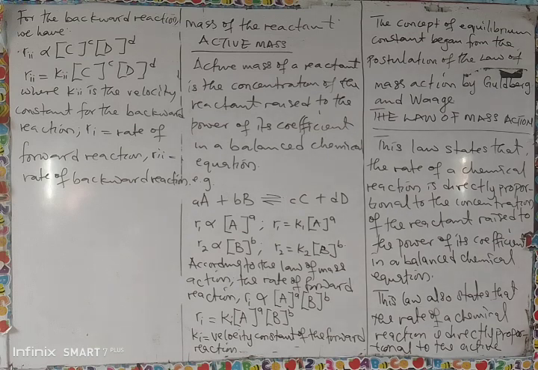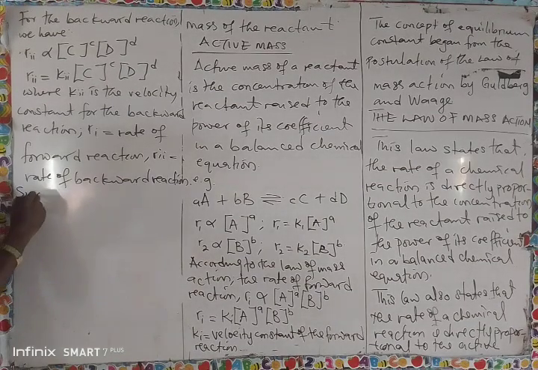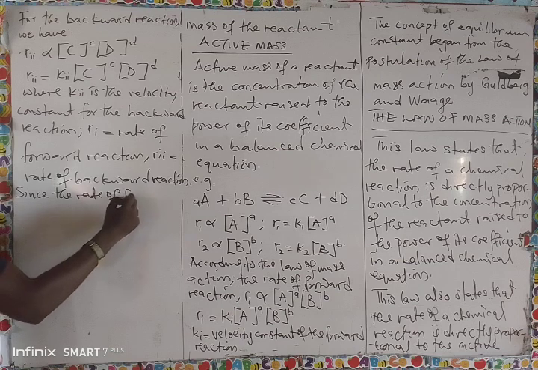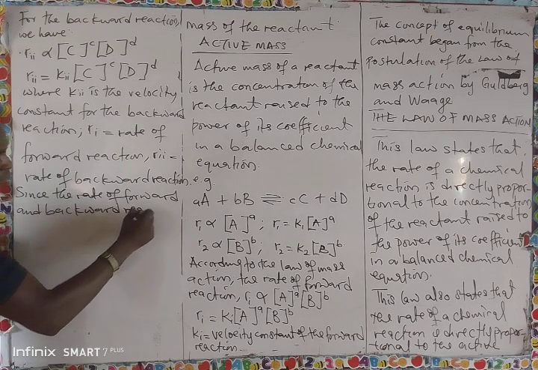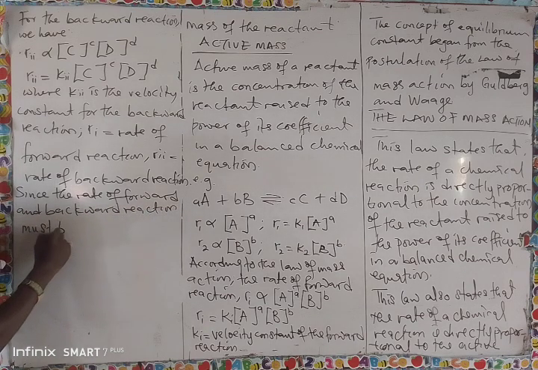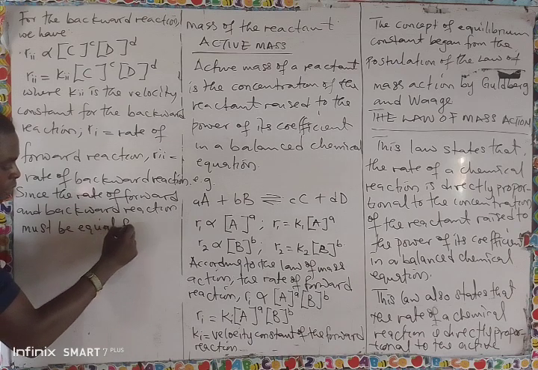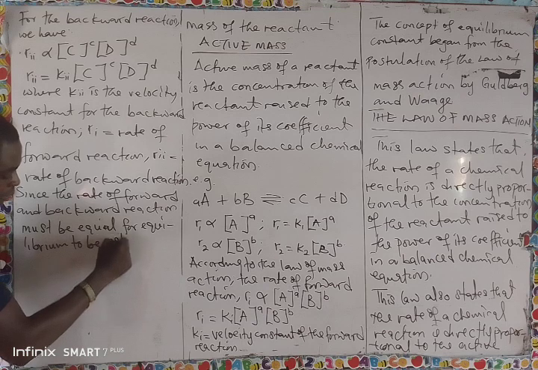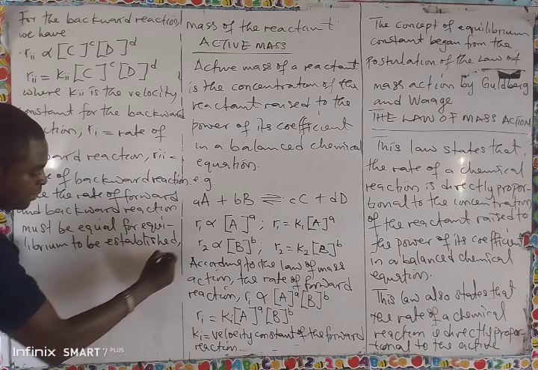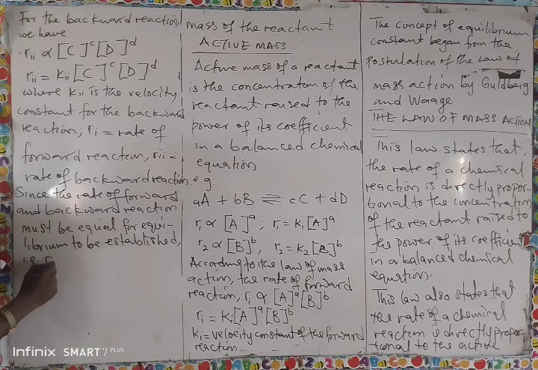So, since the rate of forward and backward reaction must be equal for equilibrium to be established, that is, R1 must be equal to R2. What is R1?